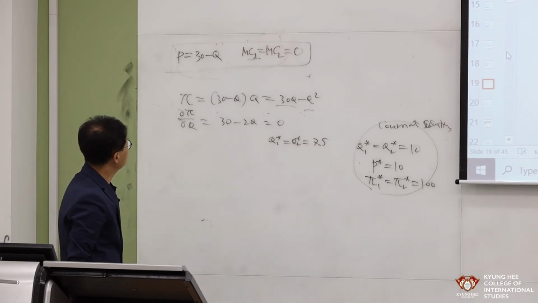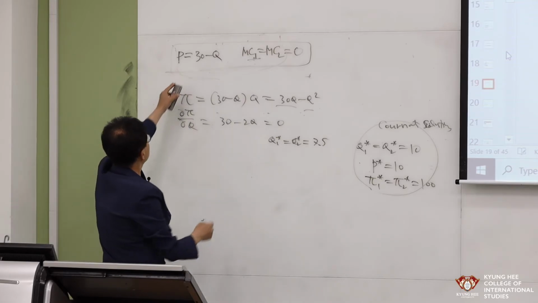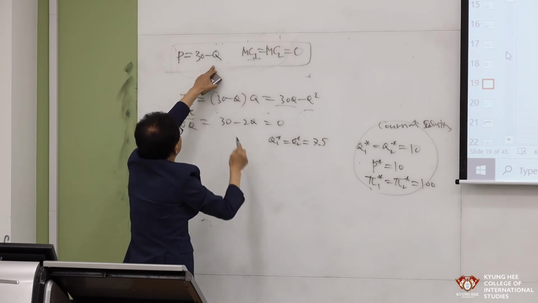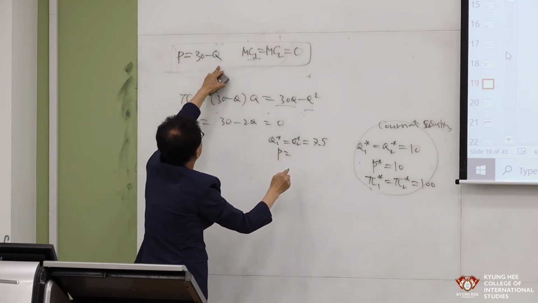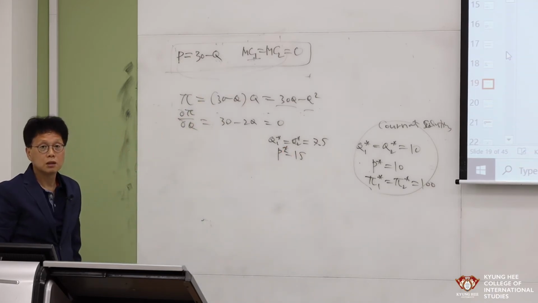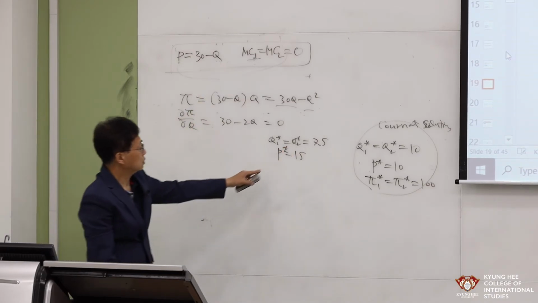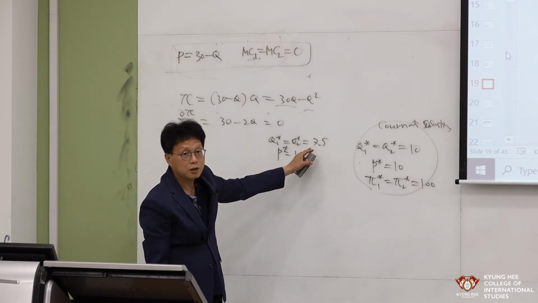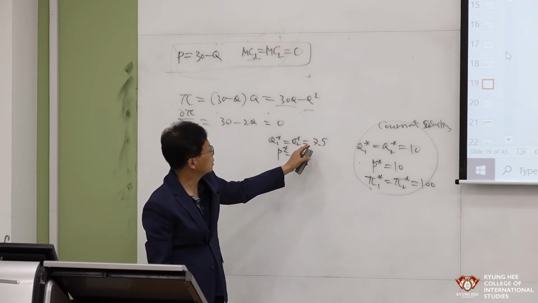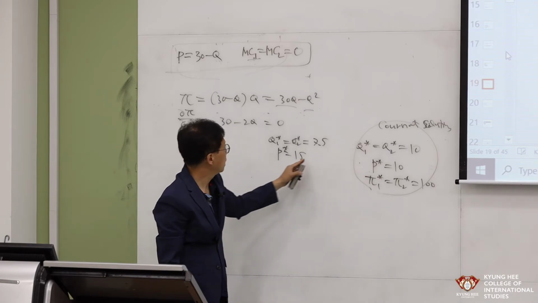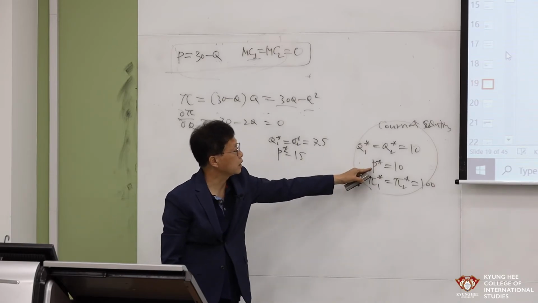Right? Then what happens to price? We know Q equals 15. So price is 30 minus 15. So price is 15. Right? So like this, when two firms behave like monopolists, production amount is lower than the Cournot solution, and they charge a higher price than the Cournot price.